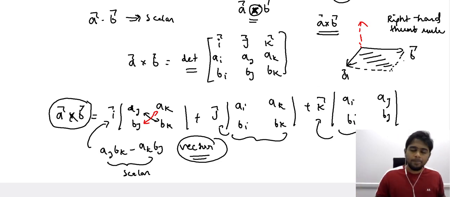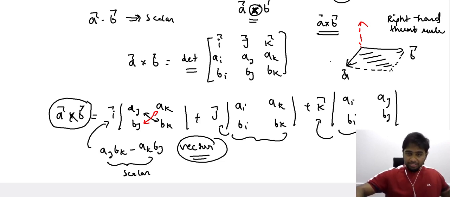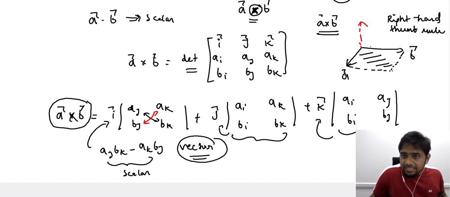Now before we end our discussion on the cross product, since its geometrical meaning can be related to the area of the parallelogram constructed by the corresponding vectors, it is possible for us to drop a height.